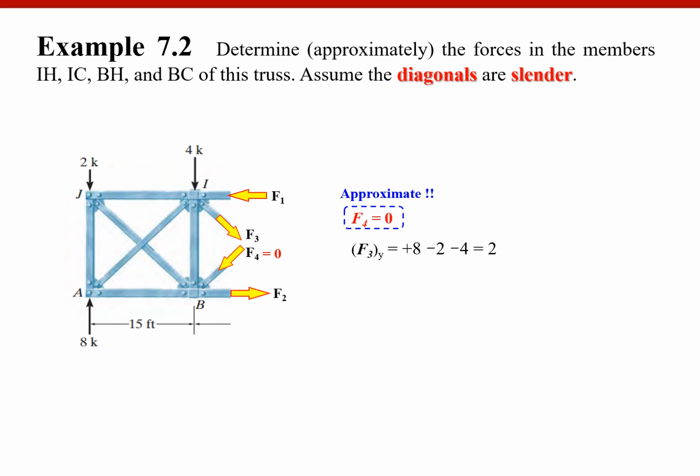So F3 is 2.83. After finding F3 as 2.83, then F1 and F2 can be calculated easily. F2 and F1 remain, but you can easily solve for them using the three force equilibrium equations.